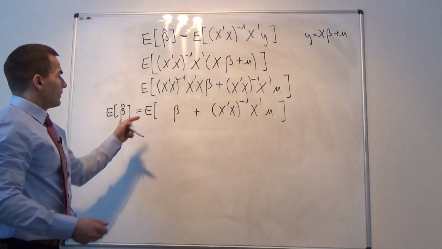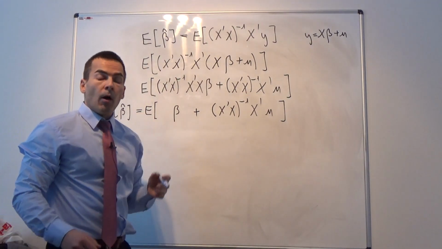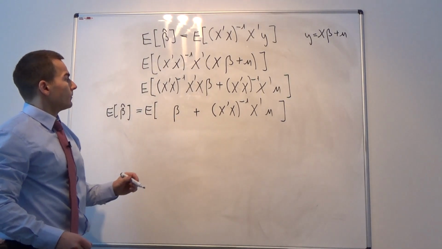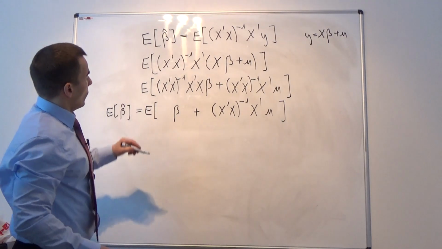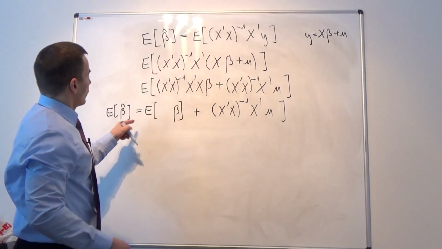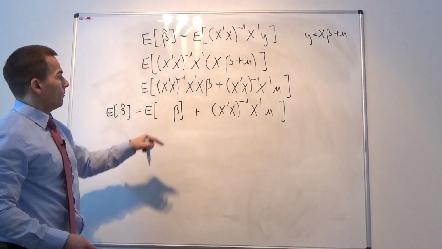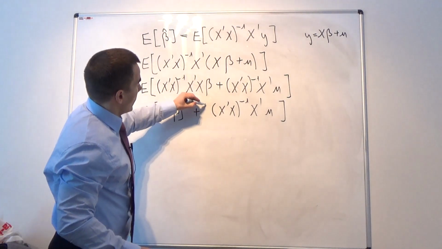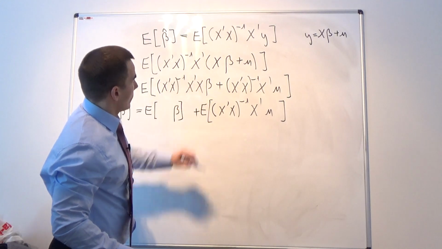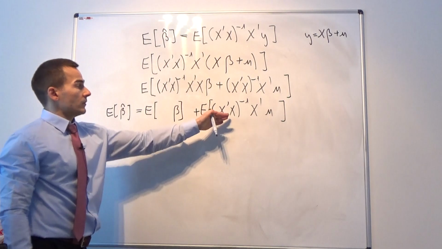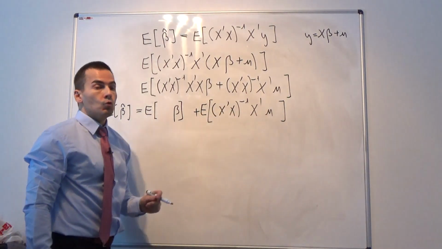And we know that the expectation operator is a linear operator, so we can move it into the parentheses. What we have on the right-hand side becomes the expectation of beta plus the expectation of the remaining part, X transposed X inverted X transposed u.